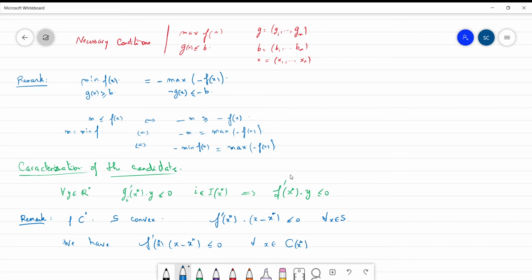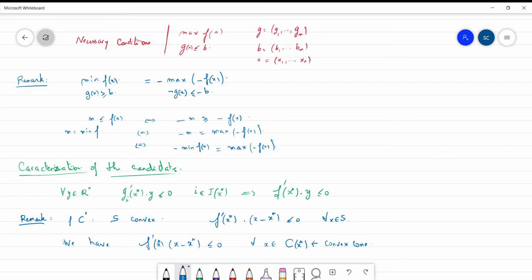It is enough to establish the characterization for vectors in a convex cone, instead of working in the whole space. So it remains the same concept.